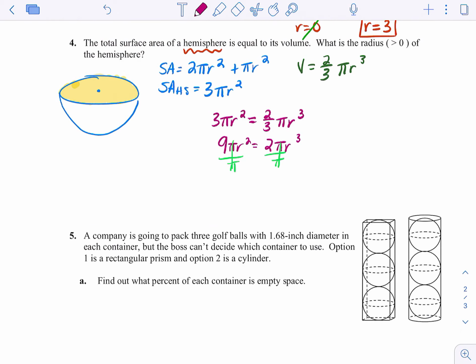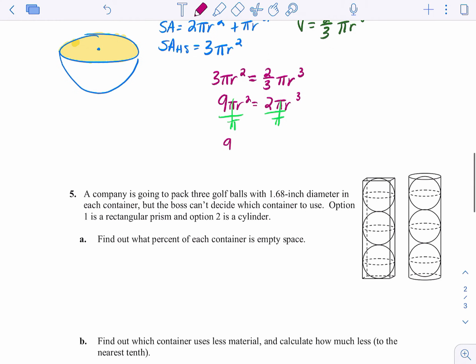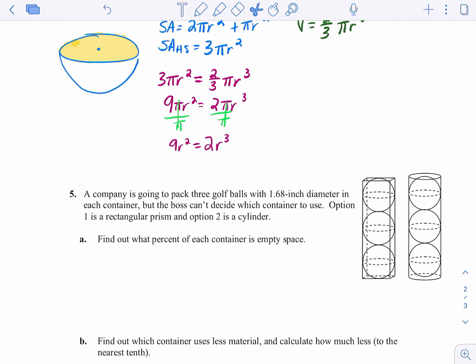And so then now we have 9r squared equals 2r cubed. And next up, we took these values and we subtracted. I would subtract the number that has the lower power of r, so that 9r squared, over to the other side. So that makes this 0 is equal to 2r cubed minus 9r squared.